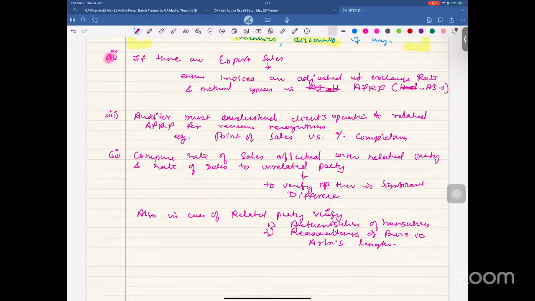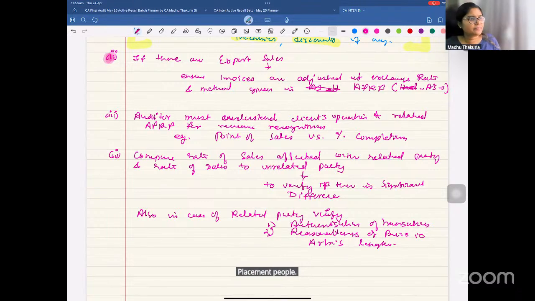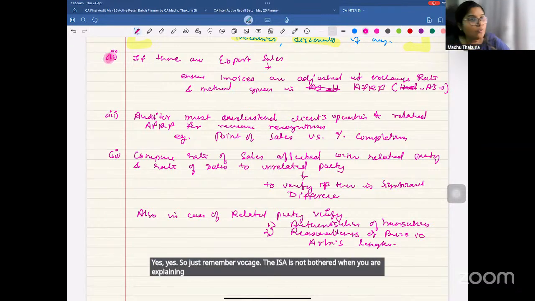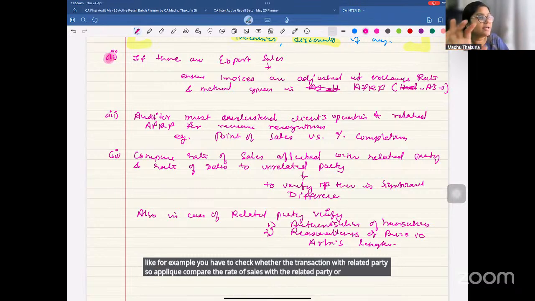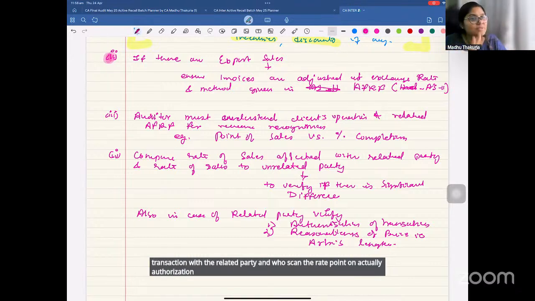So just remember, ICAI is not bothered when you explain things on your own where things are process oriented. For example, you have to check the transaction with a related party. So you write: compare the rate of sales with the related party, or compare the transaction with the related party, and within it the points of authorization, reasonableness and arm's length price.